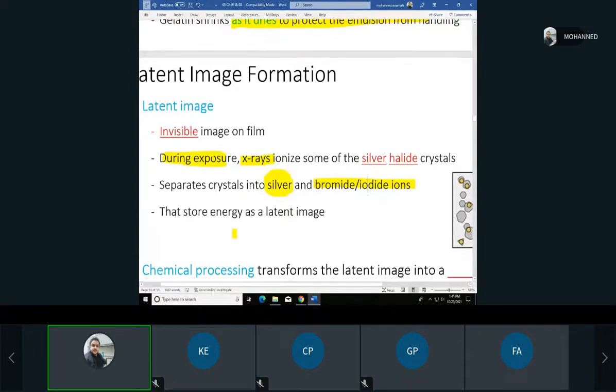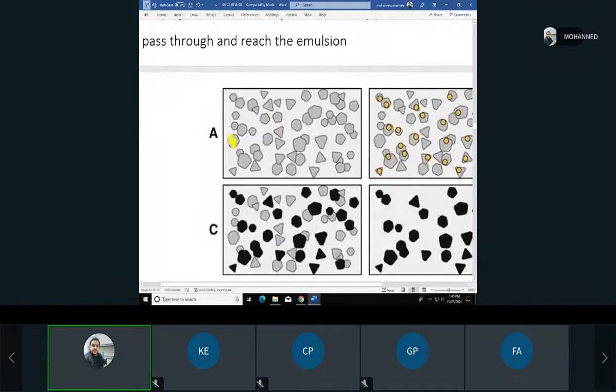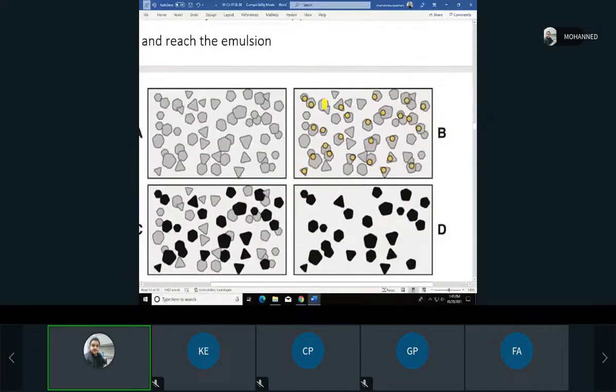So if you look at the picture here, number A is the film that is not exposed at all. We have not exposed the film yet. Number B is when we exposed it, and you can see that some of these crystals got exposed, right? And some of them did not. And that's what actually created the latent image that is still on the film.